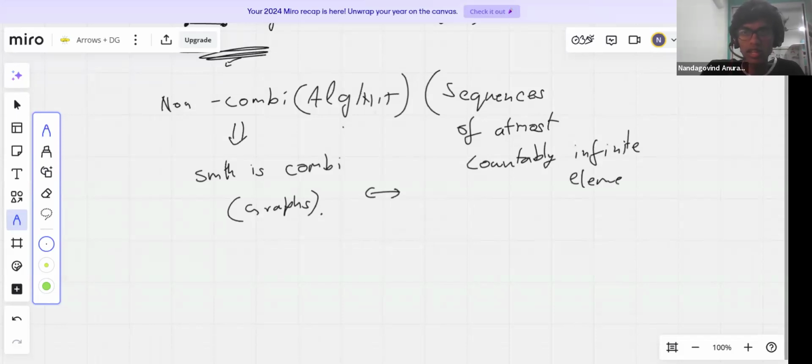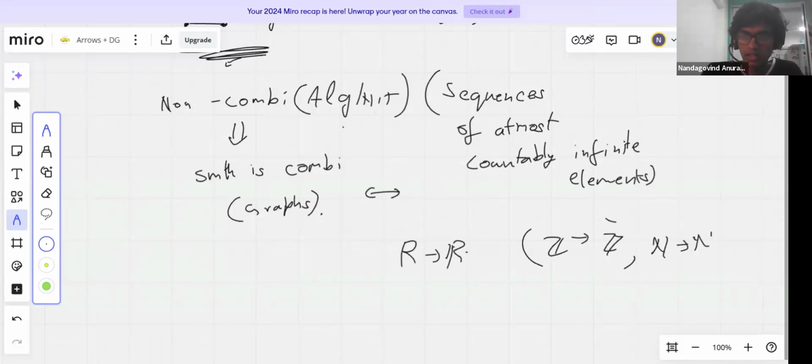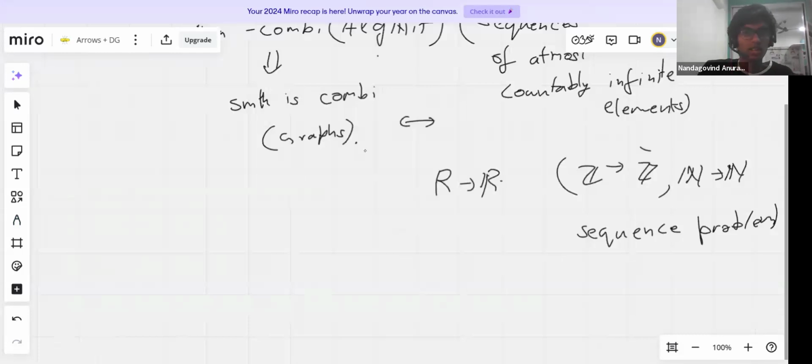You're not going to see a lot of arrows in R to R functional equations, but you will see them in Z to Z, N to N, and sometimes not even functional equations, just some sequence problem. Are we clear on that?